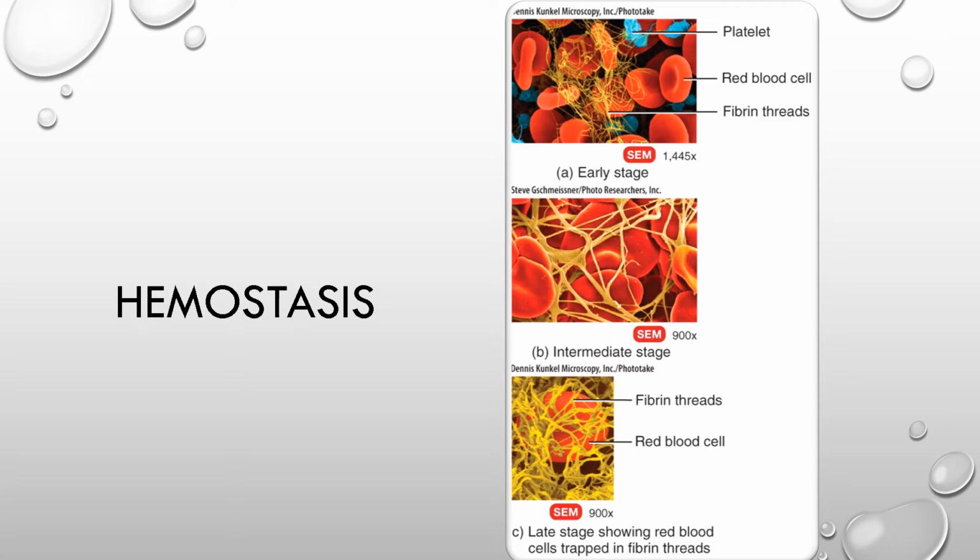Eventually, the gel separates from the liquid portion, and so we get this straw-colored liquid called serum. And serum is essentially blood plasma minus the clotting proteins.